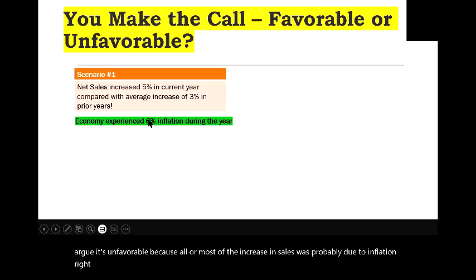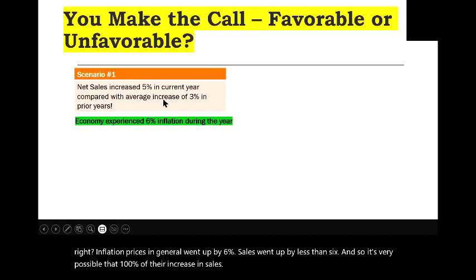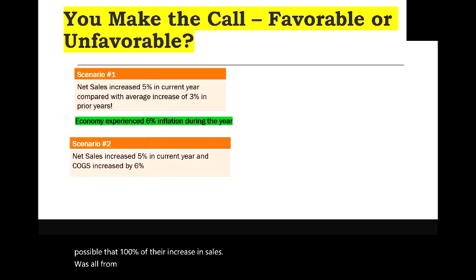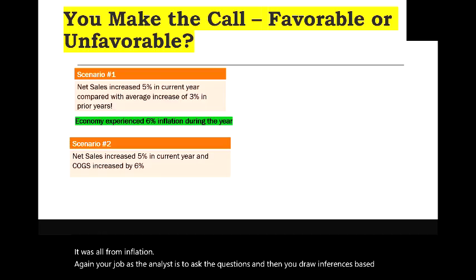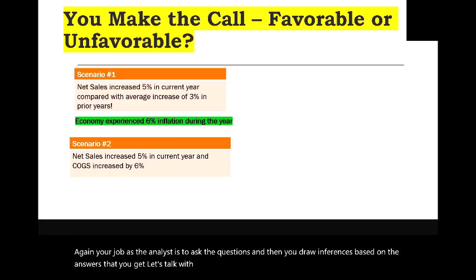Inflation, prices in general went up by 6%. Sales went up by less than 6%. And so it's very possible that 100% of their increase in sales was all from inflation. Again, your job as the analyst is to ask the questions and then you draw inferences based on the answers that you get. Let's look at another scenario.